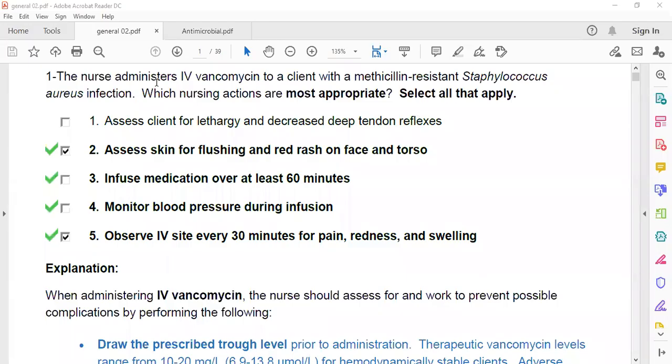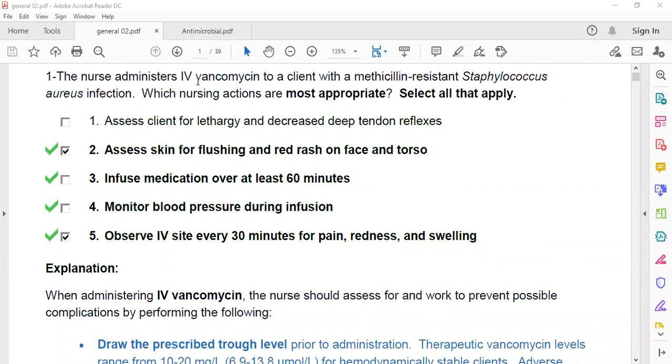Question number 1: the healthcare provider, RN or LPN, administers IV vancomycin to treat a patient who has a methicillin-resistant Staphylococcus aureus infection, what we shortly call MRSA, right?